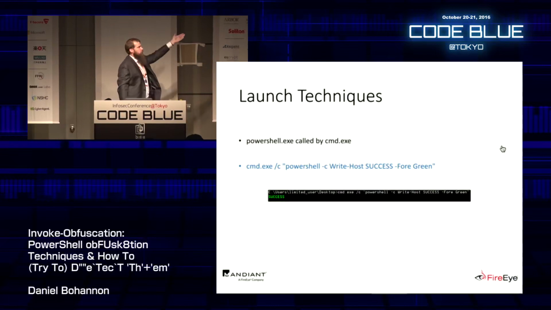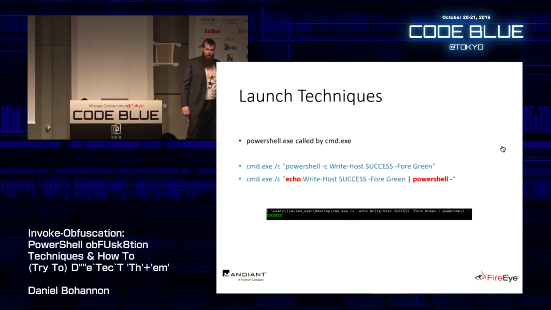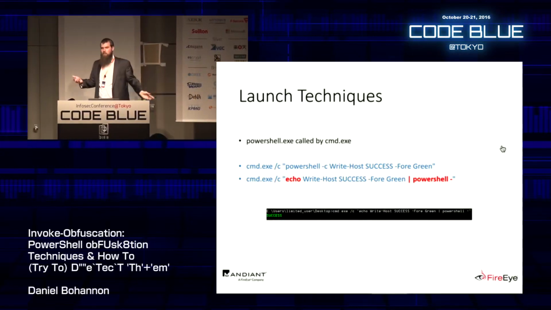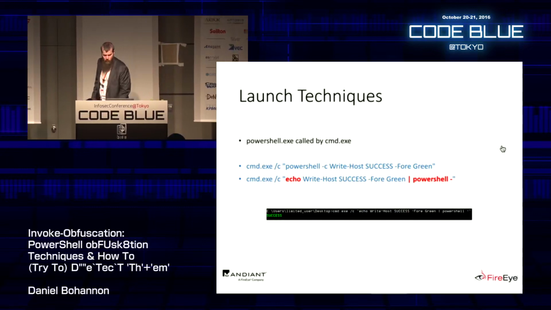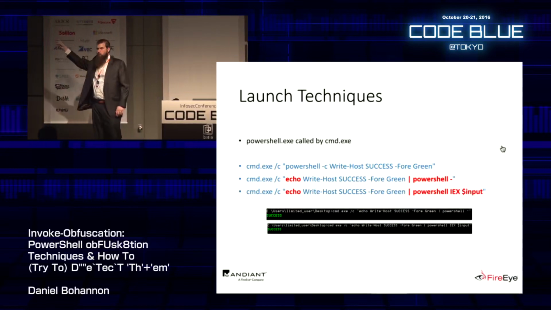Well, this is typically what you see with a PowerShell command, right? -Command, then your PowerShell command. What about this? What if we have -Command dash, and then we echo our PowerShell command into PowerShell and say, hey, PowerShell, I want you to execute this from standard input. You can also, instead of the dash, use the input variable.